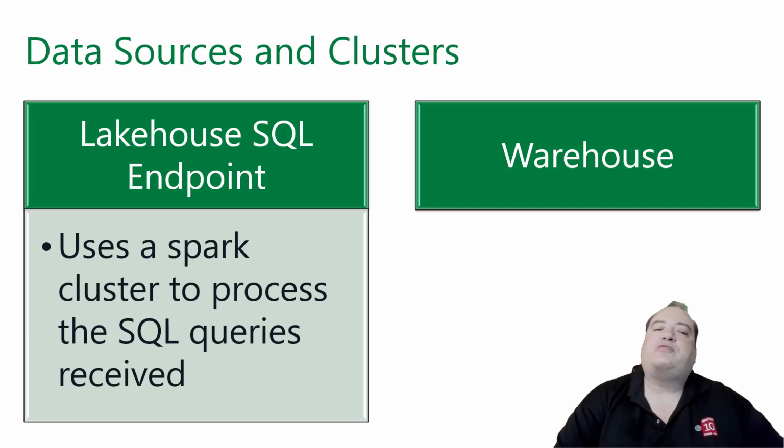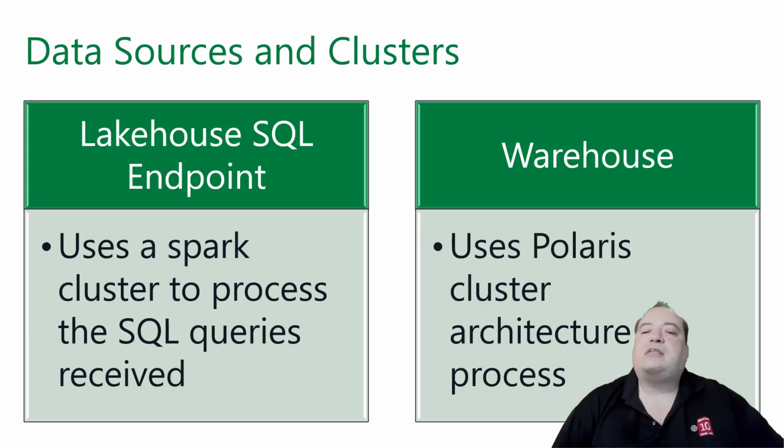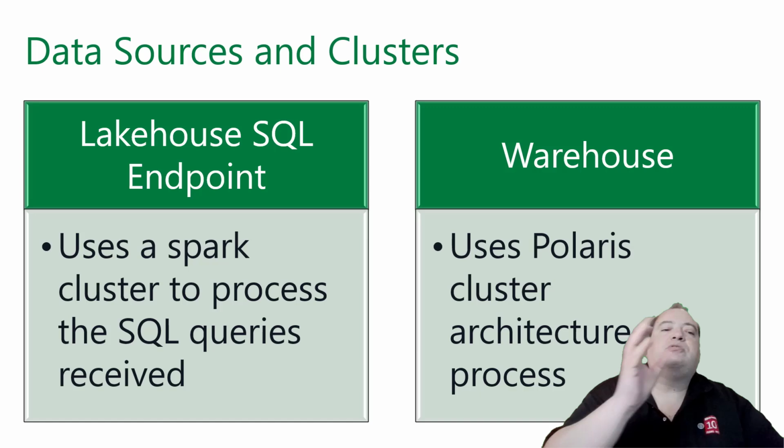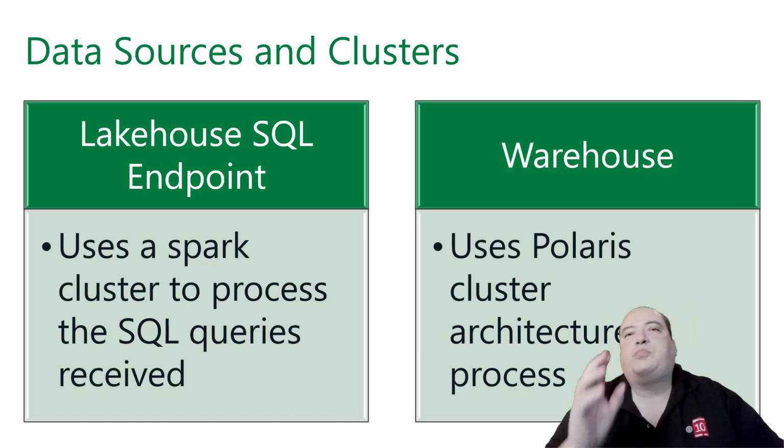In the case of the warehouse, there is an architecture called Polaris. The architecture Polaris generates a cluster to achieve the same result. So both of them use different architectures: one uses Spark, the other uses Polaris.